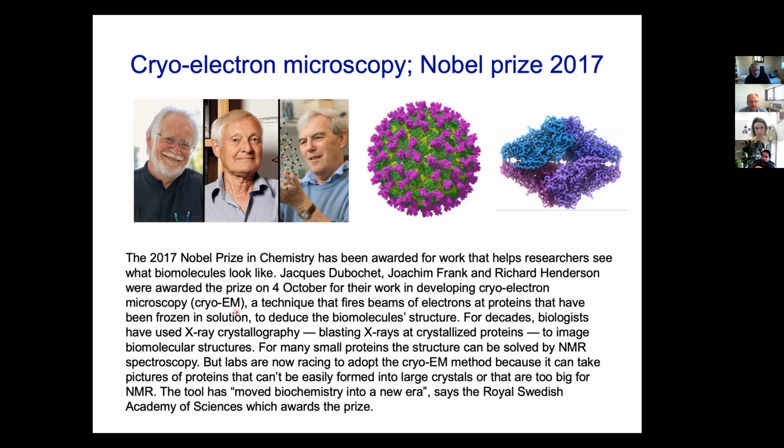So again, it might be useful to look at this text. A technique that fires beams of electrons at proteins. So you can imagine that it eventually damages the samples. For decades, biologists have used X-ray crystallography, blasting X-rays at crystallized proteins. And for many small proteins, so we've already talked about the size of the protein, the structure can be solved by NMR.